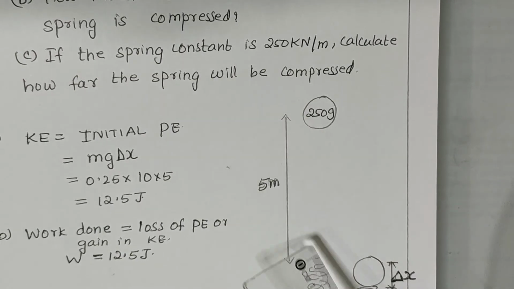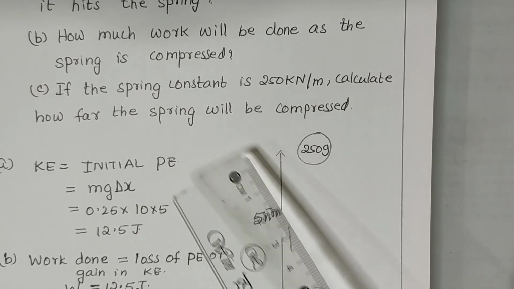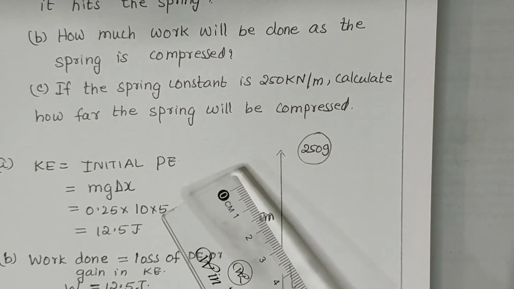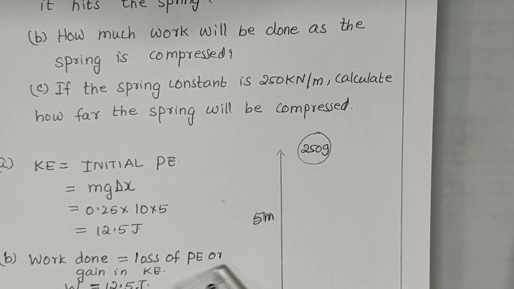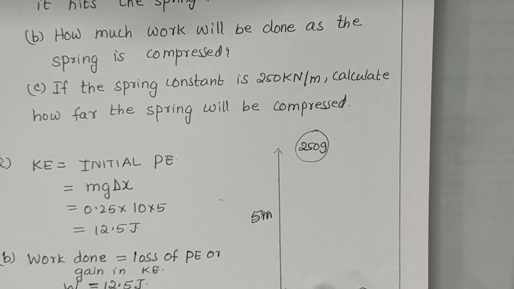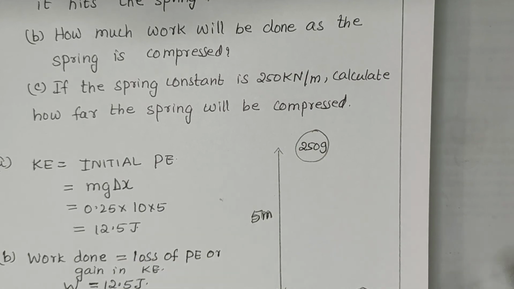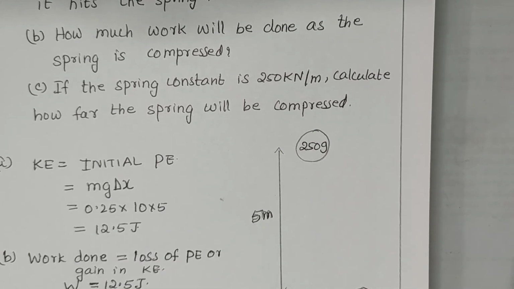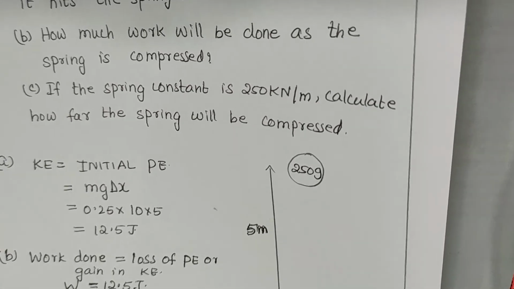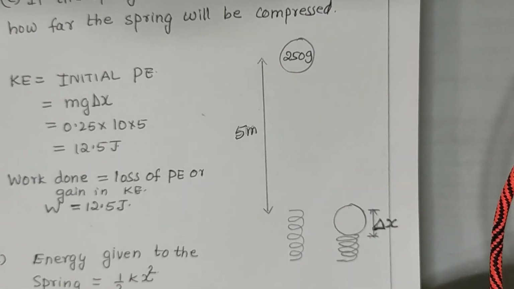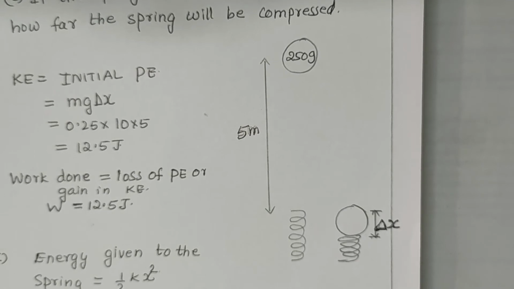Coming to the second part of the question, how much work will be done as the spring is compressed? The work done here is loss of potential energy or gain in kinetic energy. So the work that can be done on the spring will be equal to 12.5 joule, because that is the amount of energy the object has as it has moved down through a distance of 5 meters.